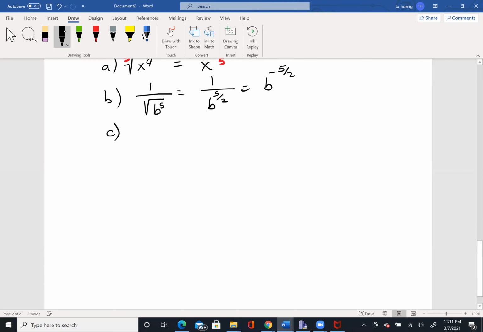C. I have, let's say, the cube root of a squared plus b squared, which equals a squared plus b squared, to the power 1/3.